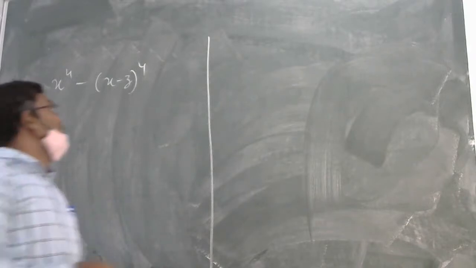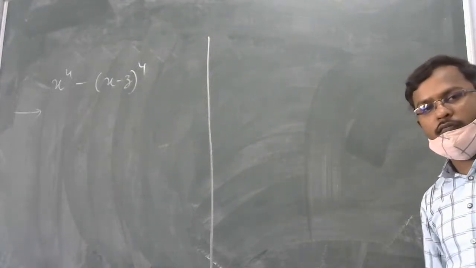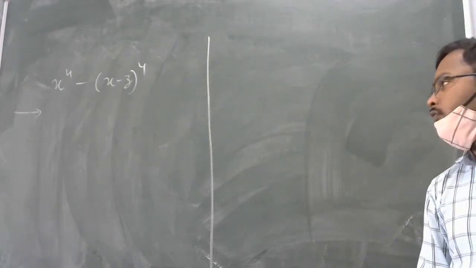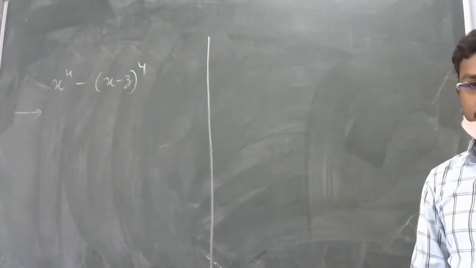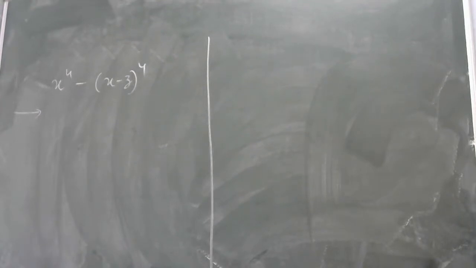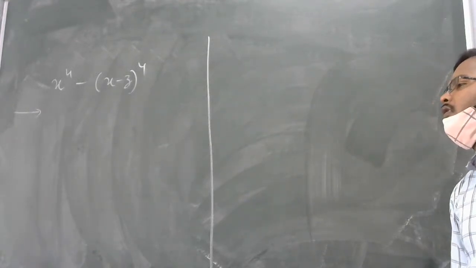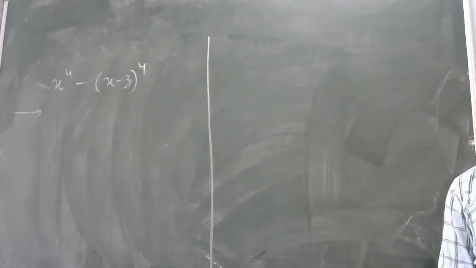Factorize x to the power of 4 minus (x minus z) whole to the power of 4. So what you will get? Which identity will you use here?